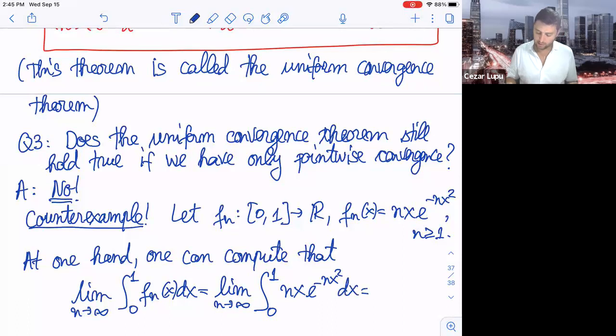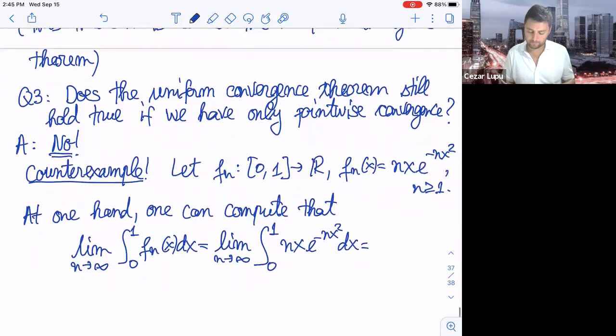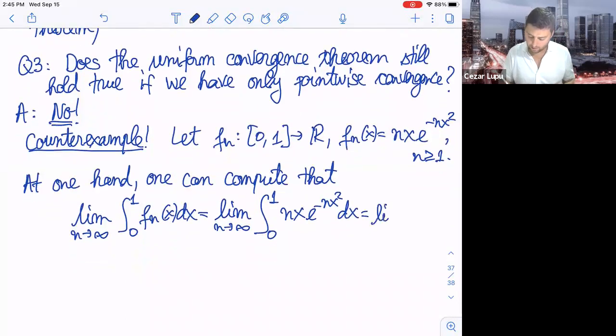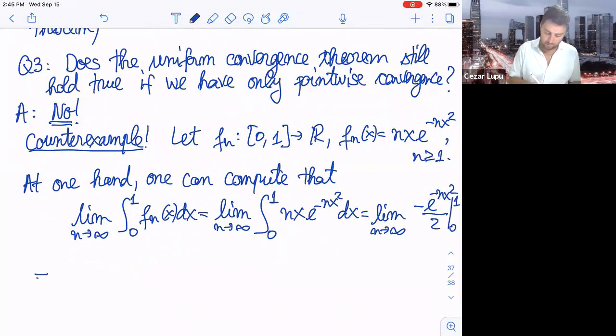Actually, I can compute this. So this would be the limit as n approaches infinity. The antiderivative of this will be negative e to the negative nx squared over 2, I think. Yes, from 0 to 1. So here we use the fundamental theorem of calculus.